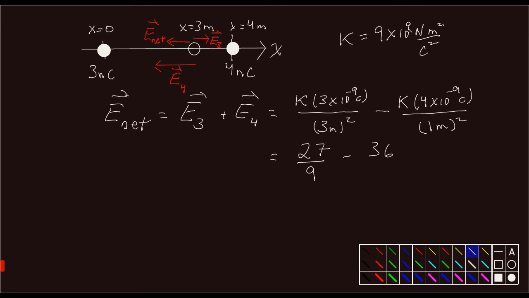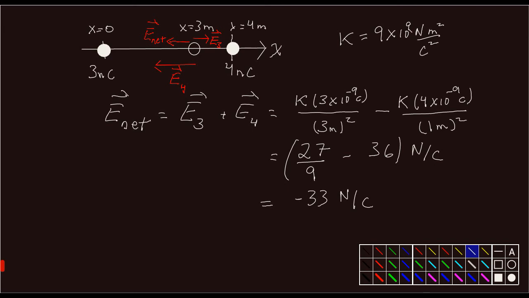And I've dropped units here, and both of these terms have units of newtons per coulomb. So you can see where this is going. 27 over 9 is 3, so we have 3 minus 36, which is minus 33 newtons per coulomb.